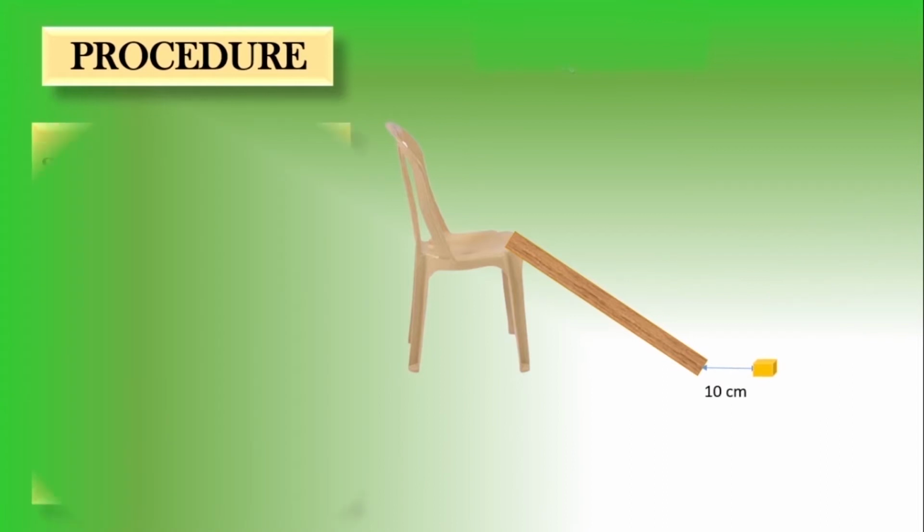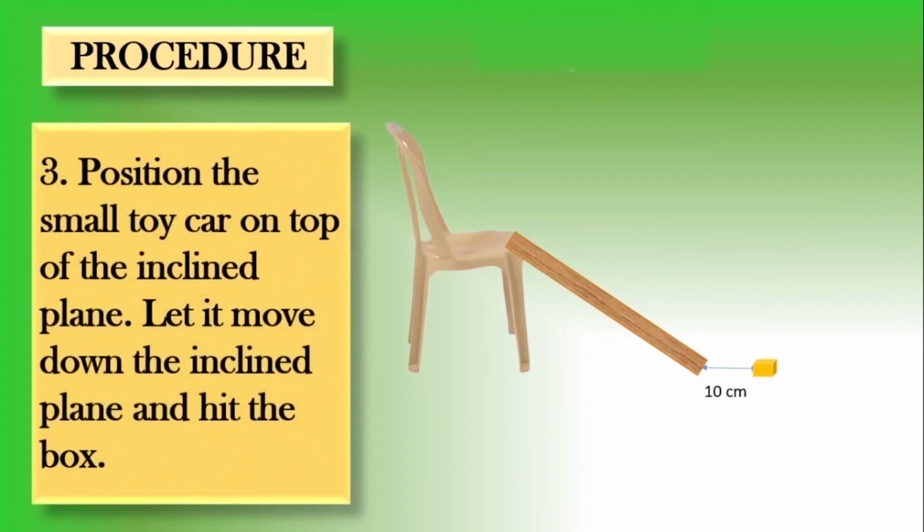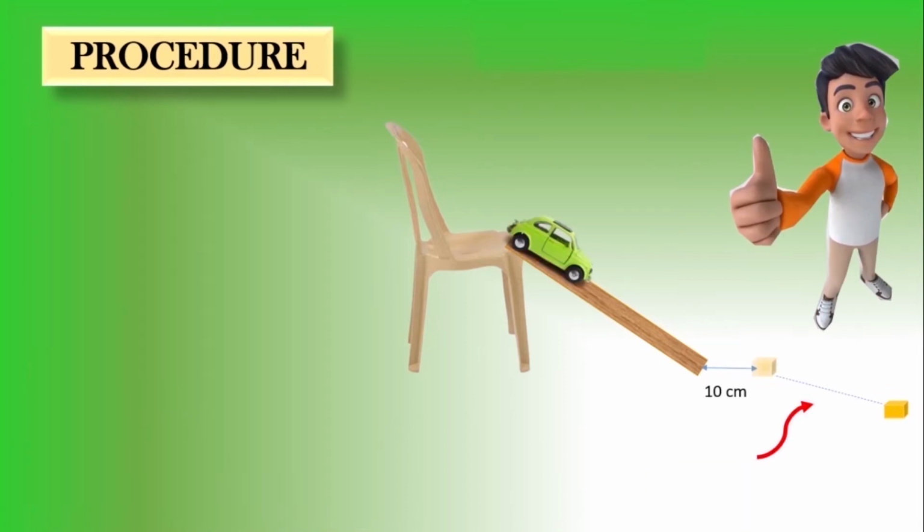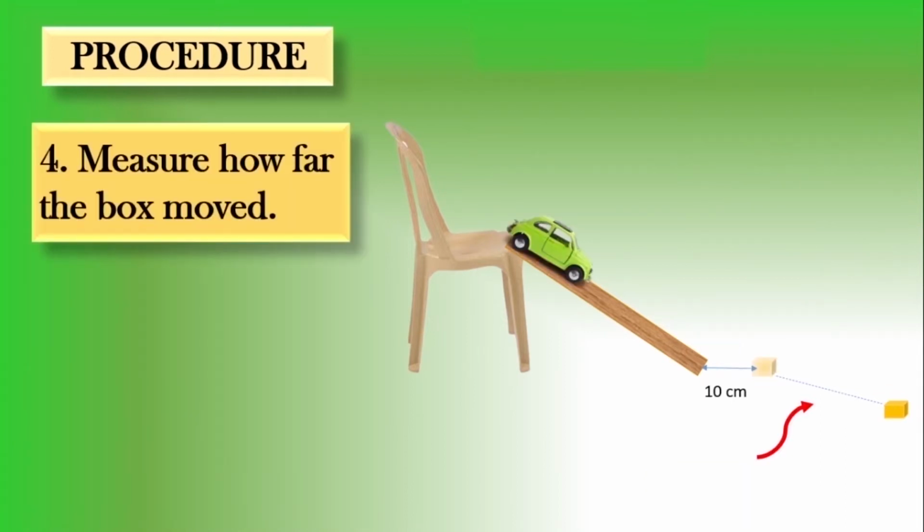Number 3, position the small toy car on top of the inclined plane. Let it move down the inclined plane and hit the box. Number 4, measure how far the box moved. This will be the stopping distance of the first car.